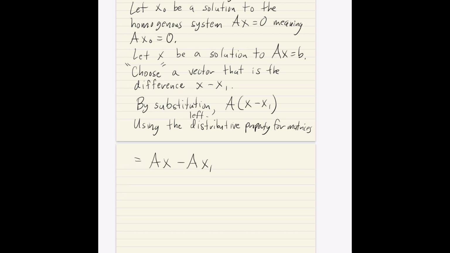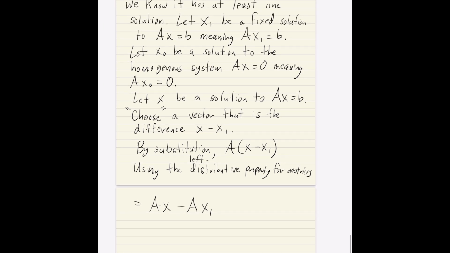And then as we defined them above, what is Ax equal to? Ax is equal to b. So that's equal to b. And then what's Ax1 equal to? Ax1 is also equal to b. That's the way I've defined them. So we have b minus b. And if you subtract two vectors that are the same size, you get the zero vector.